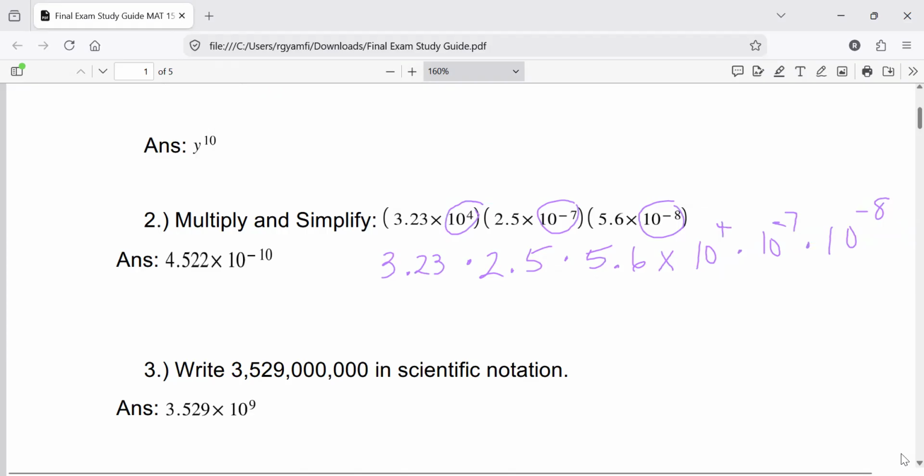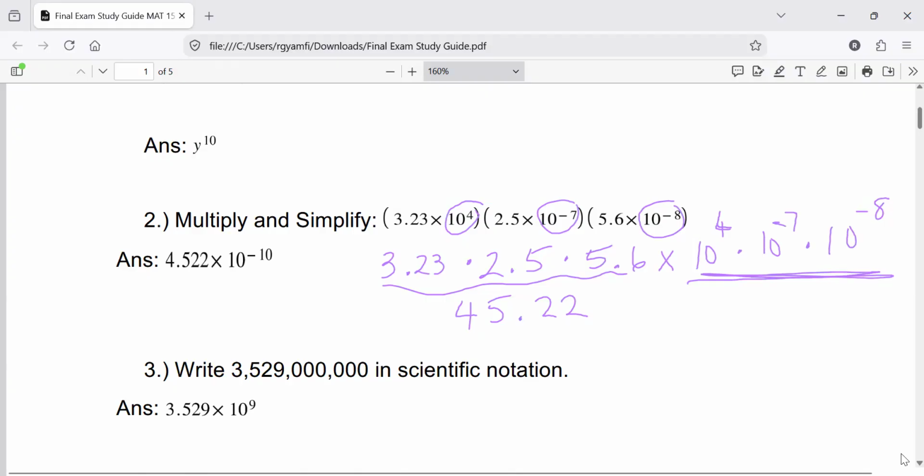For these decimals, we could just multiply them together. So I go to my calculator and multiply 3.23 times 2.5 times 5.6, and that gives me 45.22. Then I come to these exponents.